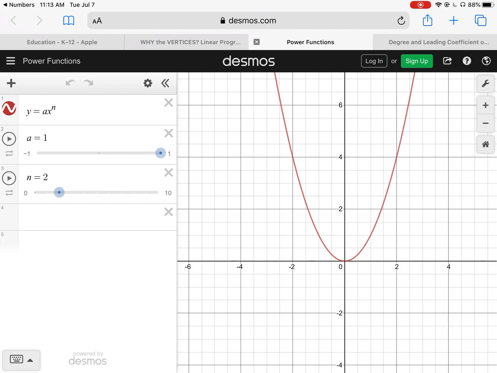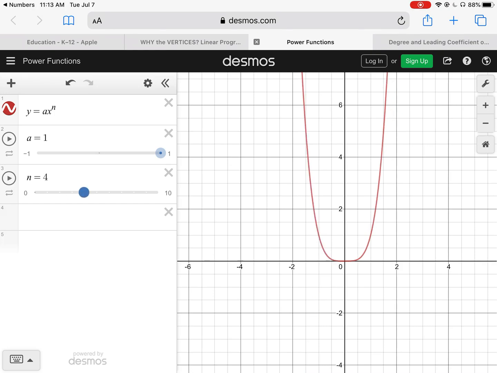So we're working with the power function y equals x squared. You're very familiar with this. It's a parabola. And I want you to notice there's symmetry in this graph with the y-axis, okay? If I make n 3, this is a cubic function, y equals x cubed. Notice the symmetry changes to being with the origin.